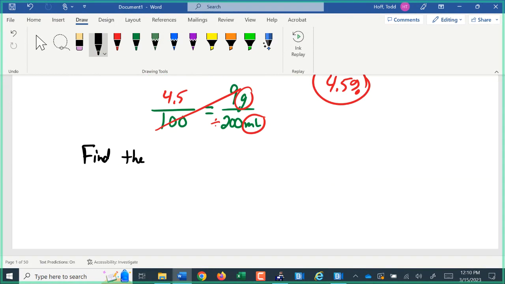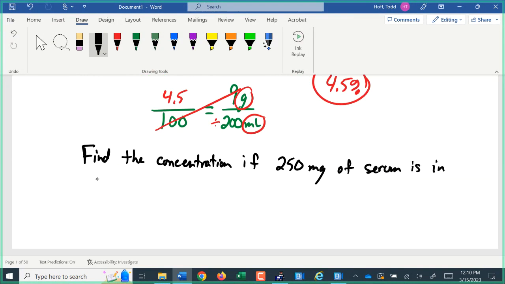So be careful here if we ask to find the concentration if 250 milligrams of serum is in 200 milliliters of solution.